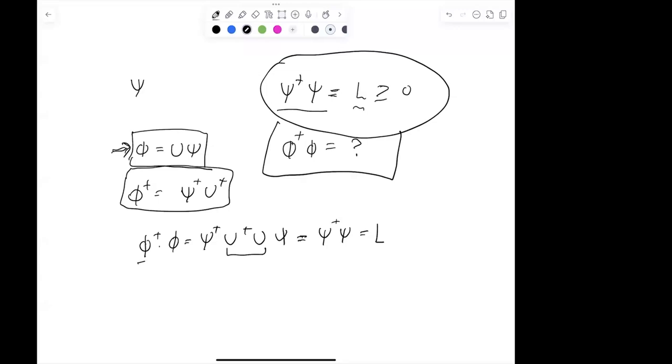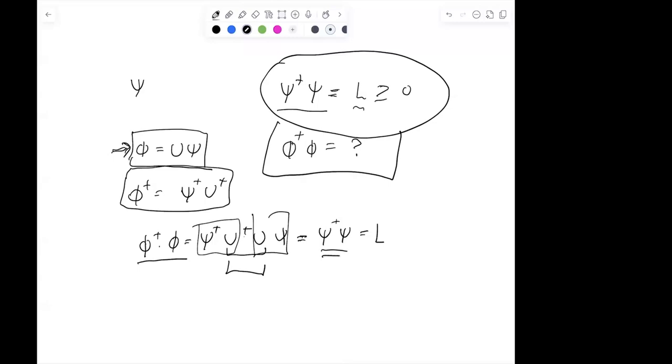Now, if I want to know what the length of the new vector is, it's very simple. It's phi dagger, which is this, times phi, which is this. But look, when we multiply u dagger times u, we know that it's 1 because we defined it as a unitary matrix. So if this is the unit matrix between them, I get something very interesting.